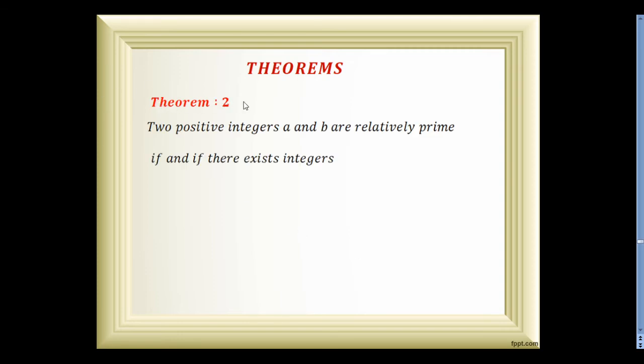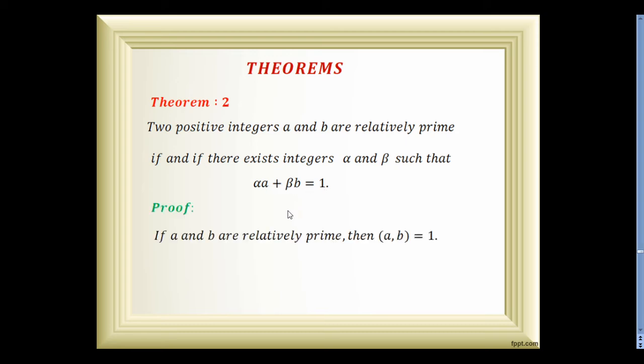Now we will see theorem 2. Two positive integers a and b are relatively prime if and only if there exist integers alpha and beta such that alpha a plus beta b is equal to 1. Proof: if a and b are relatively prime, then (a, b) equal to 1.